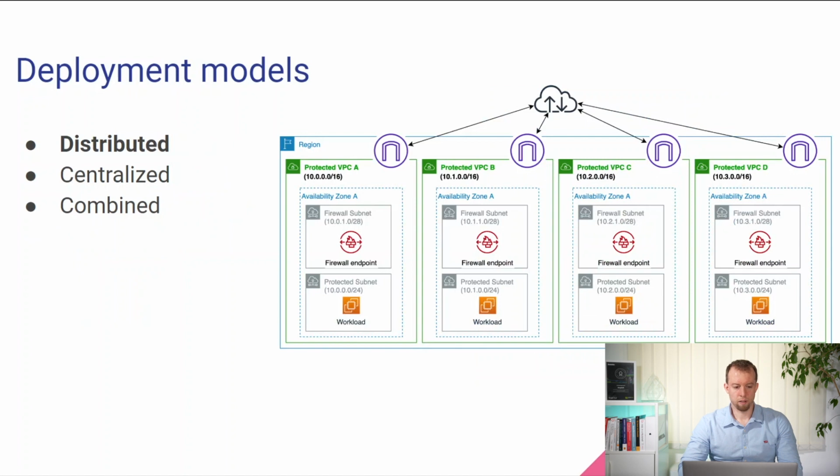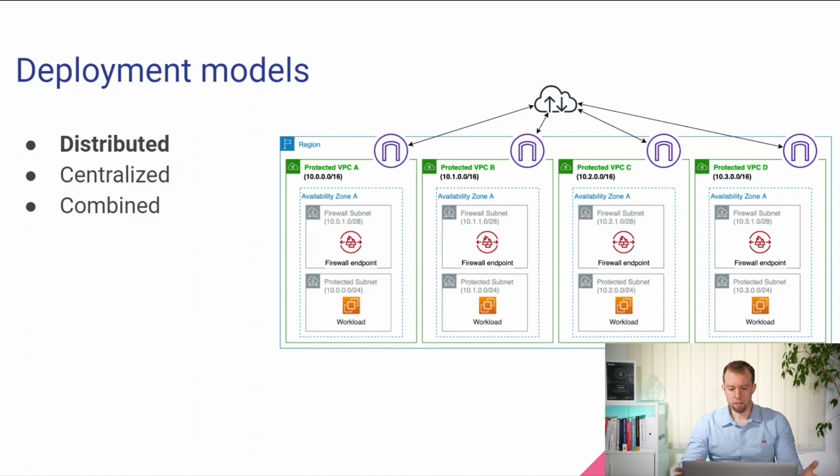We have 3 deployment models that AWS recommends. First one is the distributed deployment model. In this deployment model, network firewall is deployed into each individual VPC that requires protection.